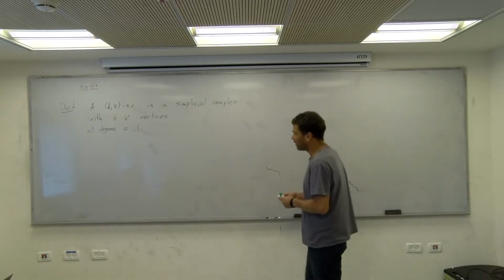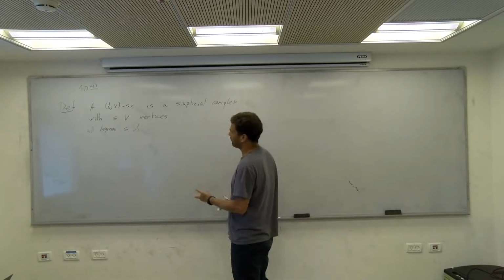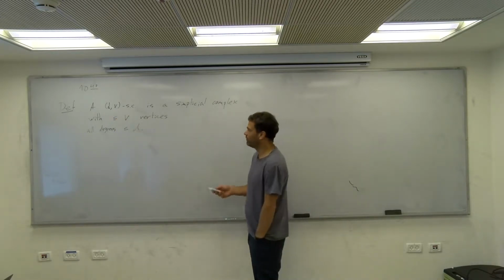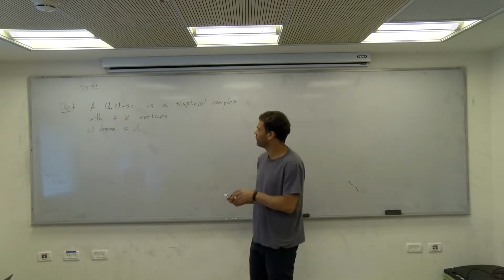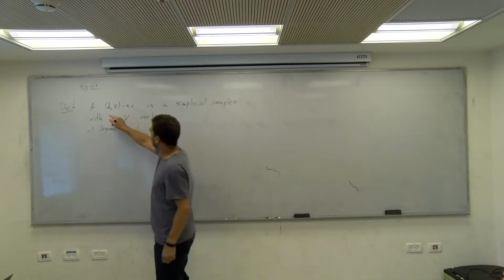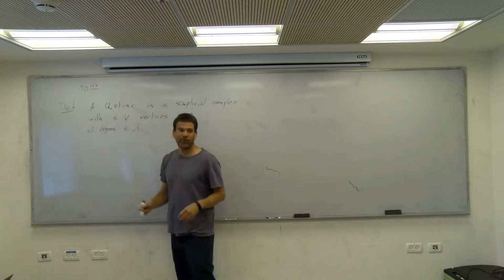So these two parameters bound the combinatorics of a simplicial complex, and in the future D will be a constant and V will be the volume.